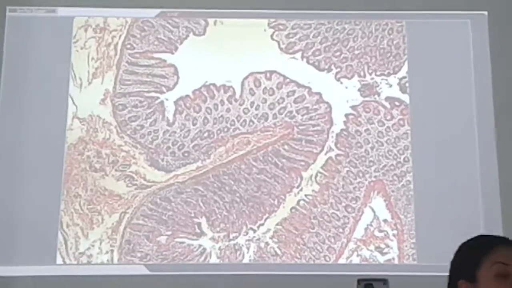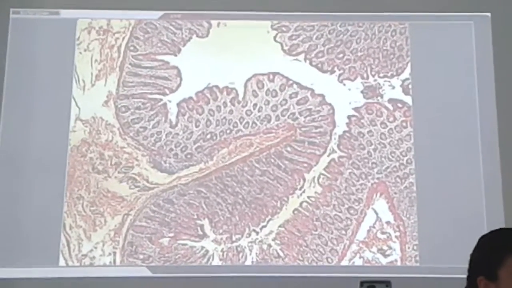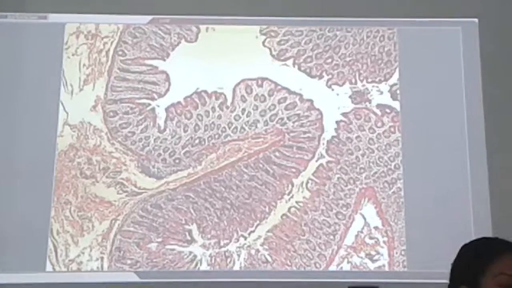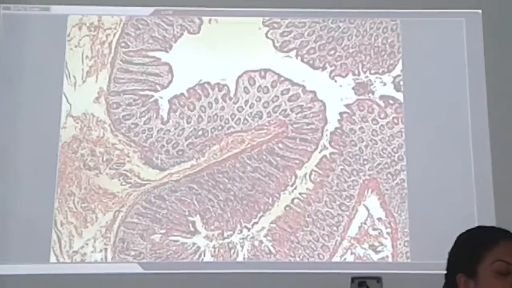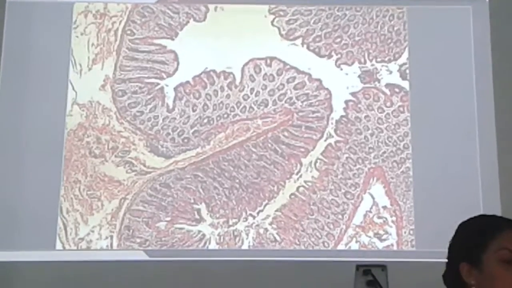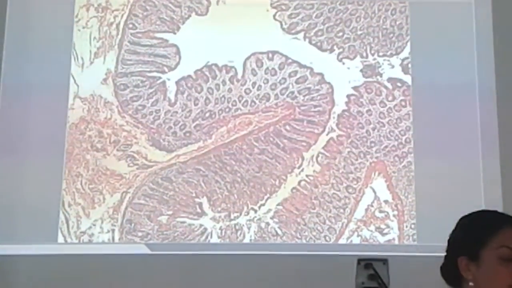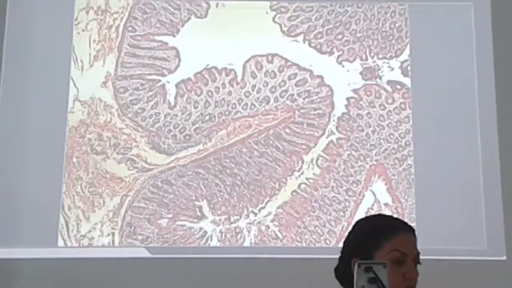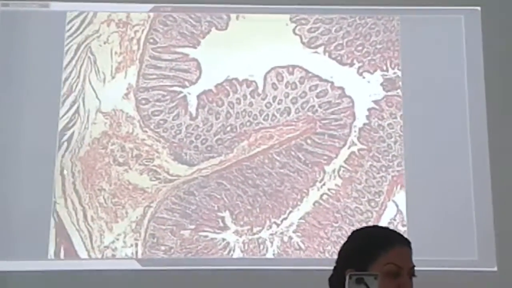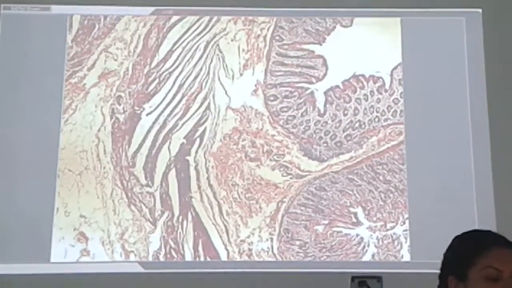Okay? And the other feature of large intestine is, have a look, this is the mucosa. This is muscularis mucosa. This is submucosa. Submucosa continues up to here.